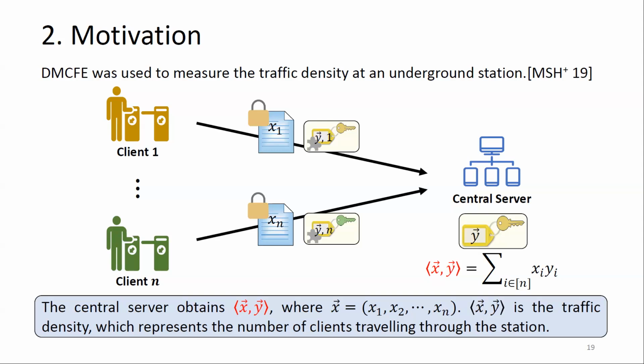Through the decryption algorithm, the central server can obtain the inner product of x and y, where the vector x is composed of location data from all clients. We can find that the inner product is just the total density and represents the number of clients passing through that station.